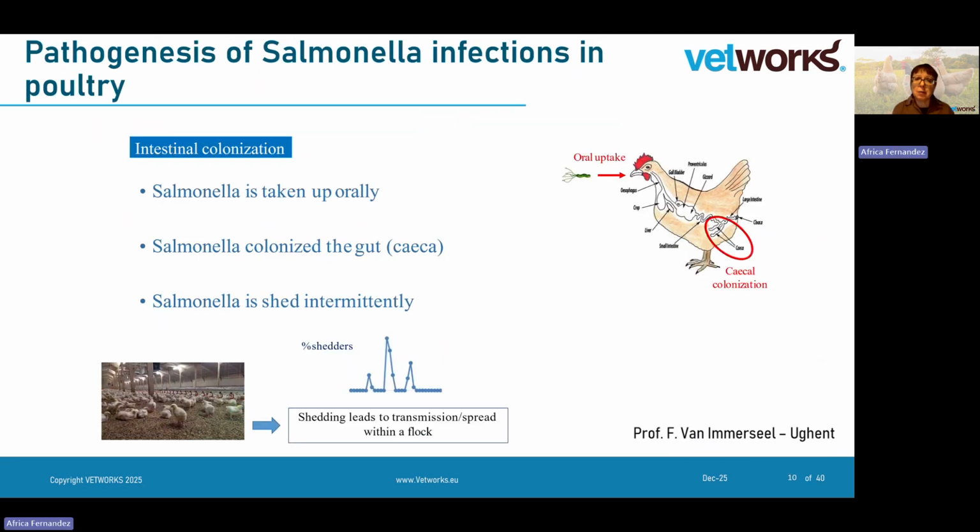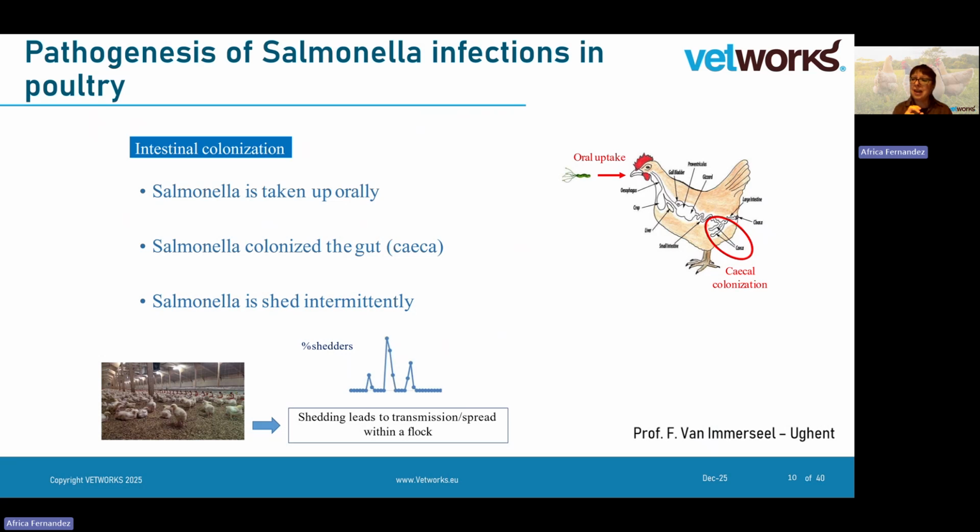So if I explain very quickly the pathogenesis of Salmonella in poultry, Salmonella will be ingested orally, will start attaching to the gut, colonizing the gut, and from that point, it will start multiplying.